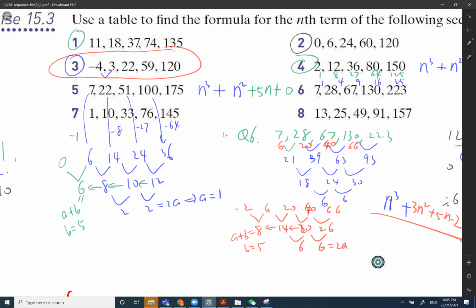Oh, number 6 is the most hard one. Actually, you got the answer? Oh, good. Yep, number 6 is the most hard one so far, because after you remove the information from n cubed, it's totally a quadratic one.